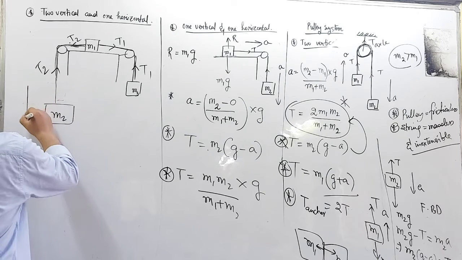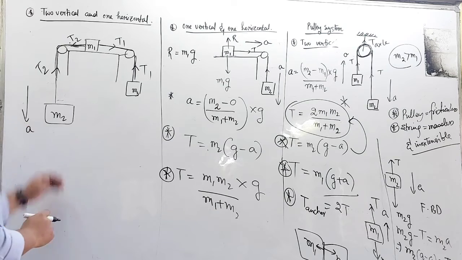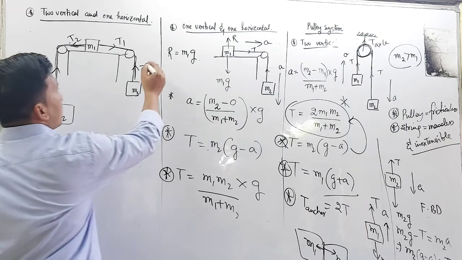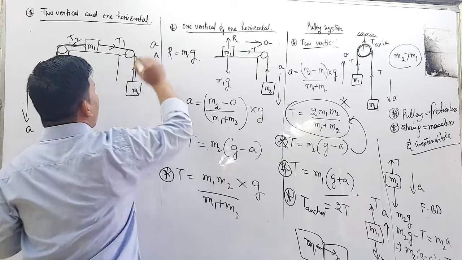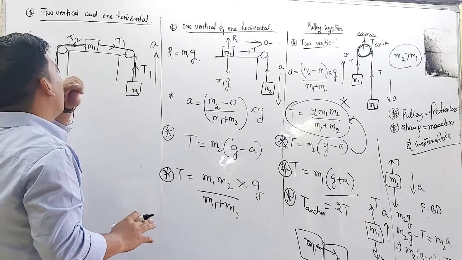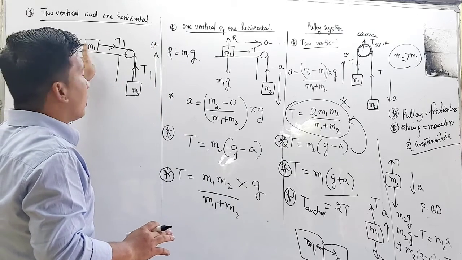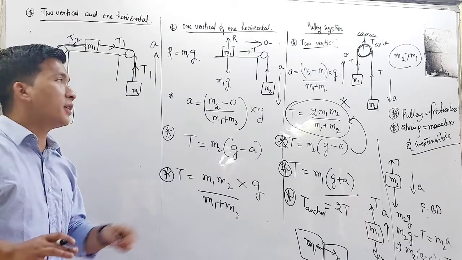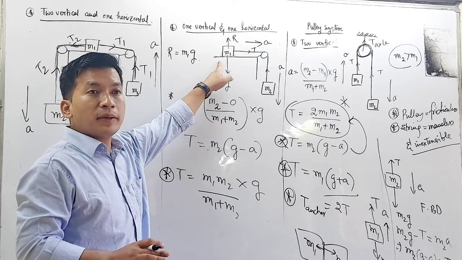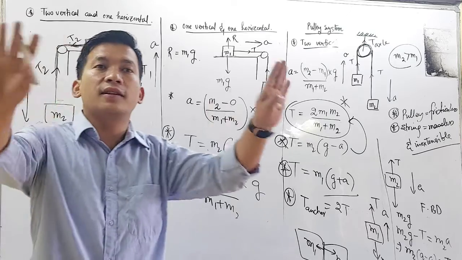M2 will be moving downward, M2 will be descending, M1 will be sliding upward. Is there any opposition to the motion by the horizontal object? We will not consider it.